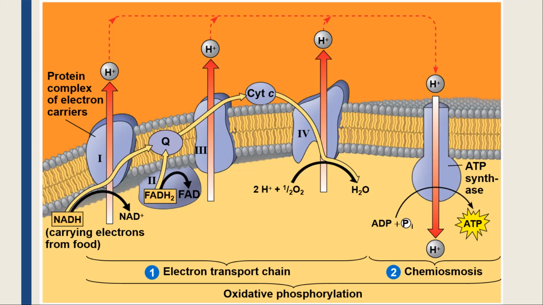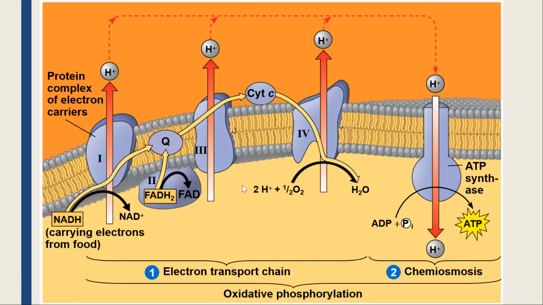in chemosmosis. So the electron transport chain is sending the electrons down and pumping the hydrogen ions into the inner membrane space. Then they're flowing back through the ATP synthase enzyme, and that turns the enzyme and generates the ATP.